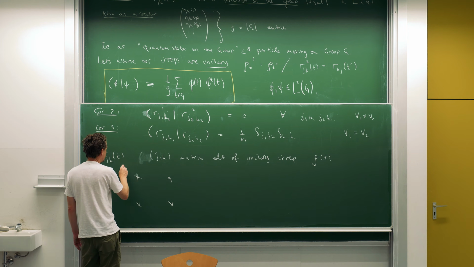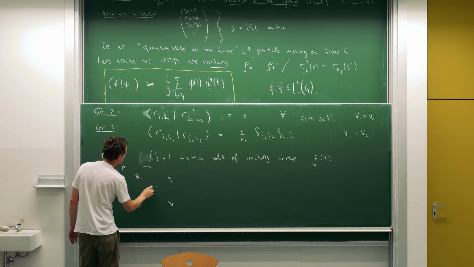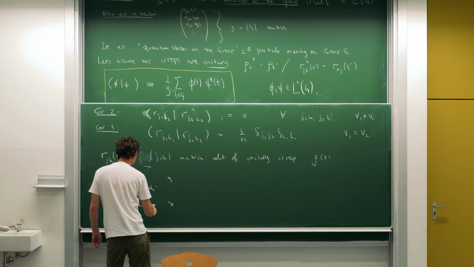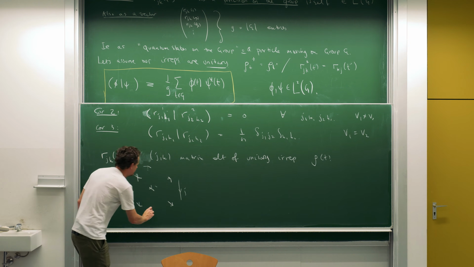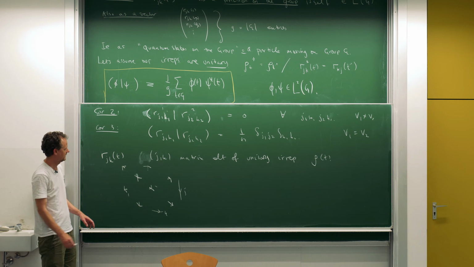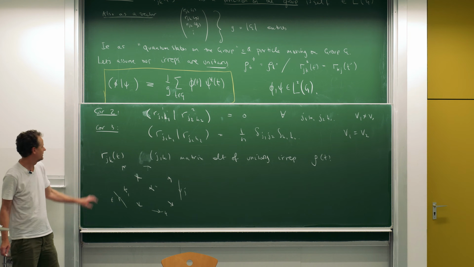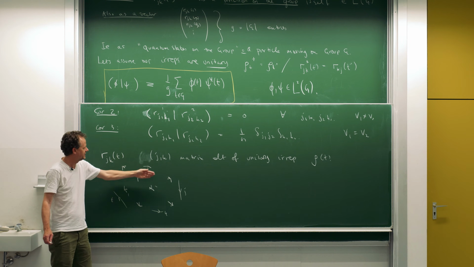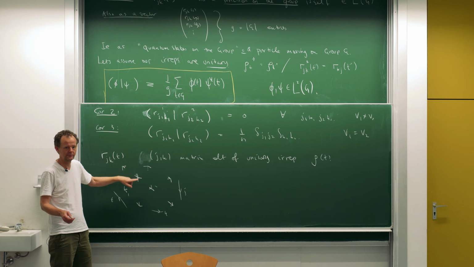So you think of a cube. I'm trying to draw a cube here. Now the x and the y directions, this is just the rows and columns, right? So this is labeled by J. This is labeled by K. And the third dimension is labeled by T. So try and think of this as a bunch of matrices listed one behind the other, or as a cube of numbers, a three-dimensional array of numbers.